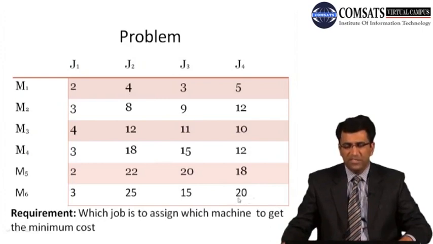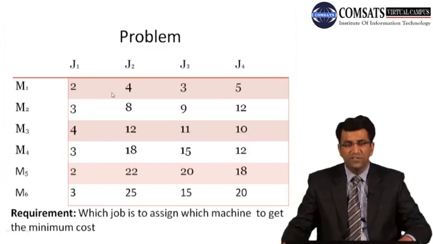The same is true for all the other values, and what is required in this problem is to identify which job is to be assigned to which machine to get the minimum cost. So again, students, we will have to find the optimal assignment solution to this problem.